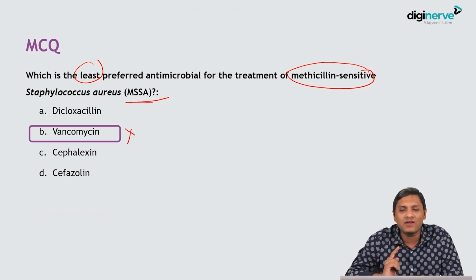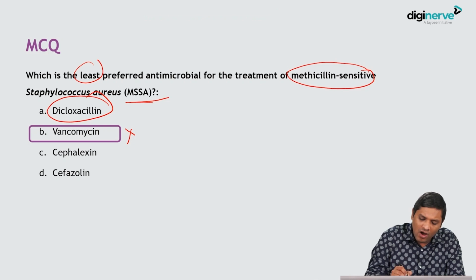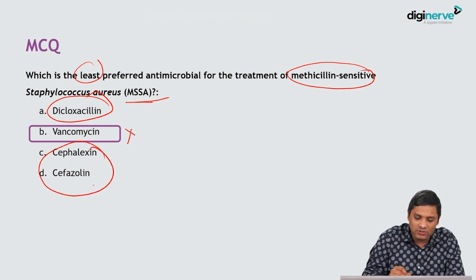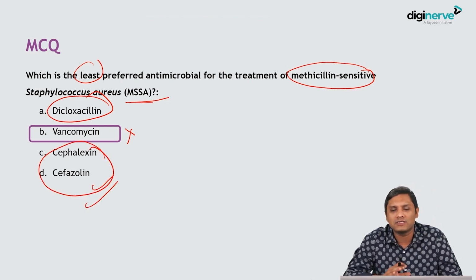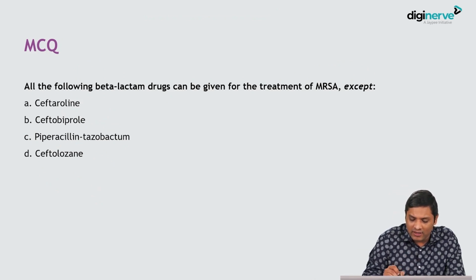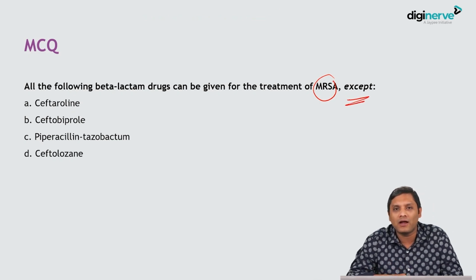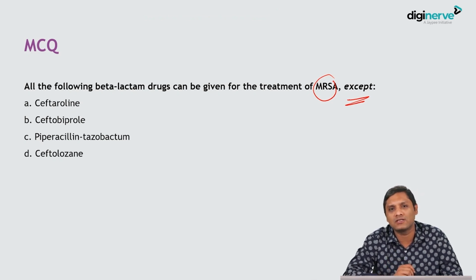Vancomycin is an inferior drug for MSSA. Always give an anti-staphylococcal penicillin like dicloxacillin, or even cephalosporins can be given for MSSA infections. The next question: all the following beta-lactam drugs can be given for MRSA except; no beta-lactam antibiotic should be given for MRSA except 5th generation cephalosporin.